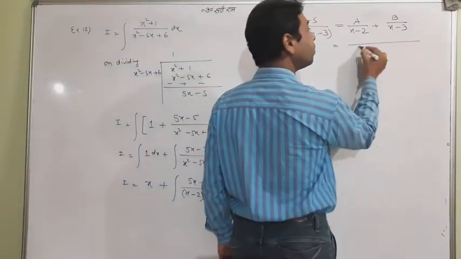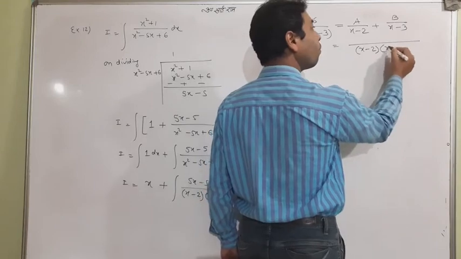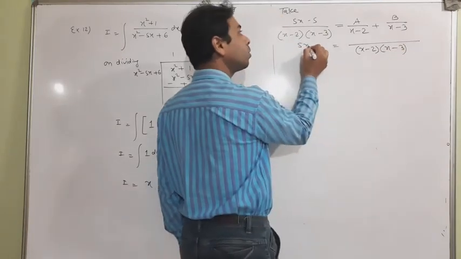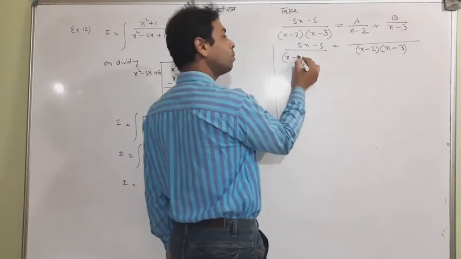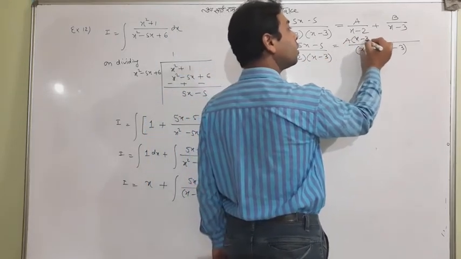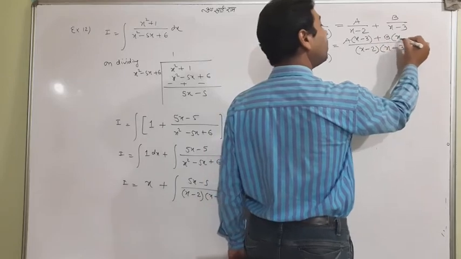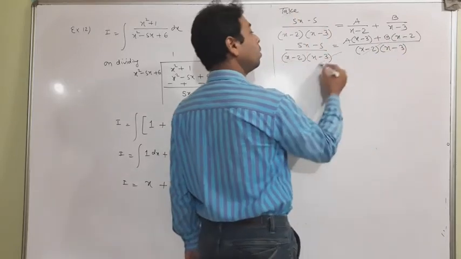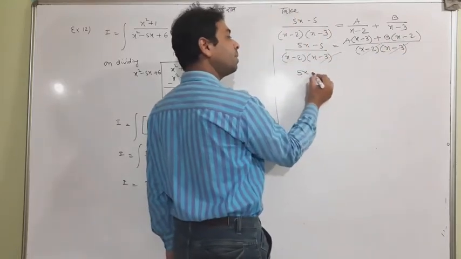Take LCM here, copy. What is coming with A? X minus 3. What is coming with B? X minus 2. Already the same, cancelled.